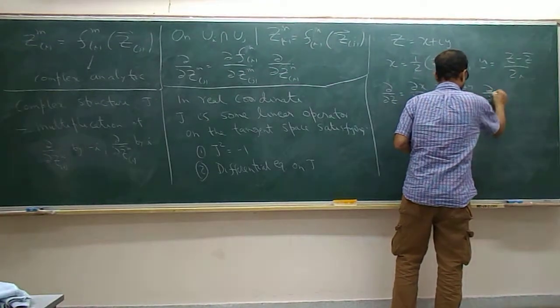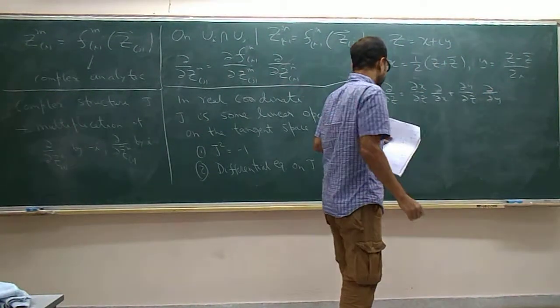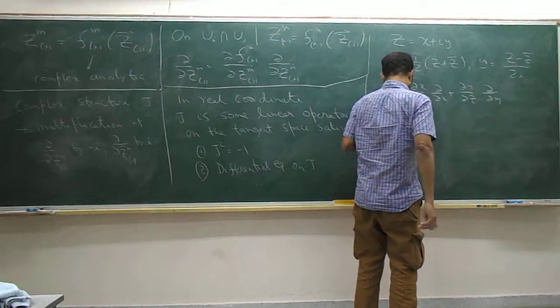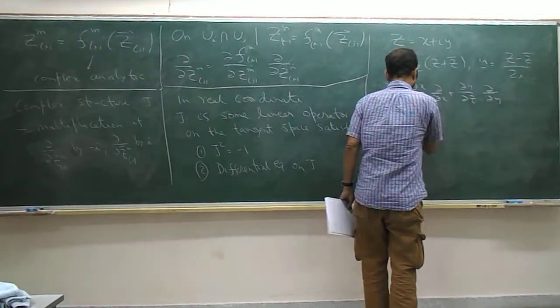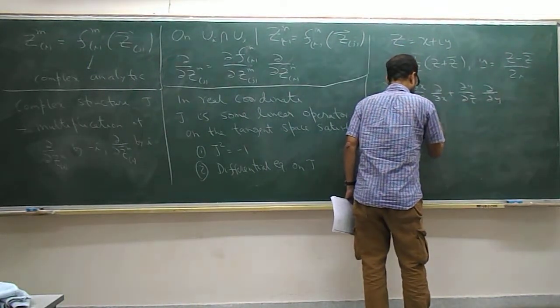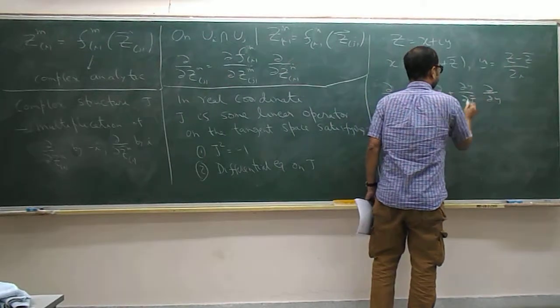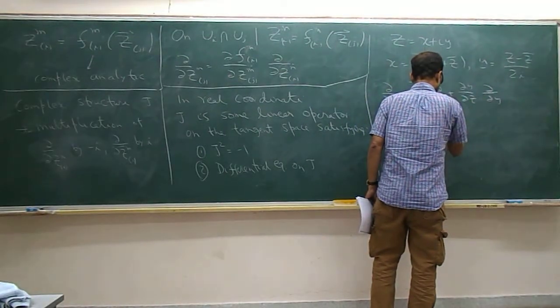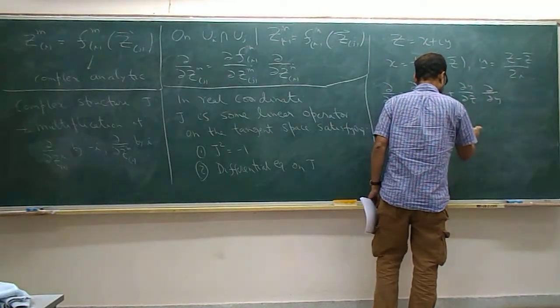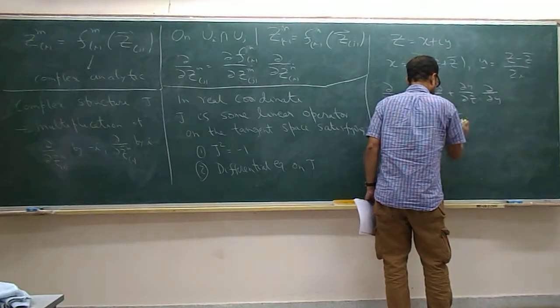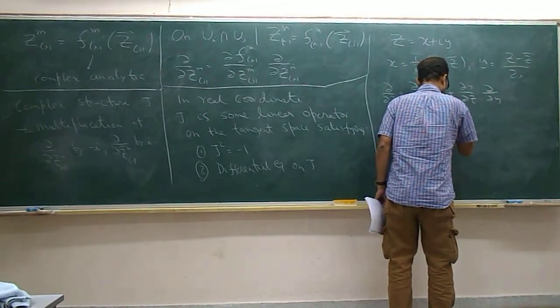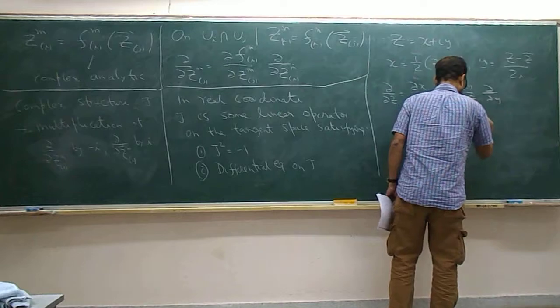I am just converting into the real coordinate system. So del x/del z will be half del/del x and del y/del z will be plus 1 over 2i, or say minus i by 2, del/del y.